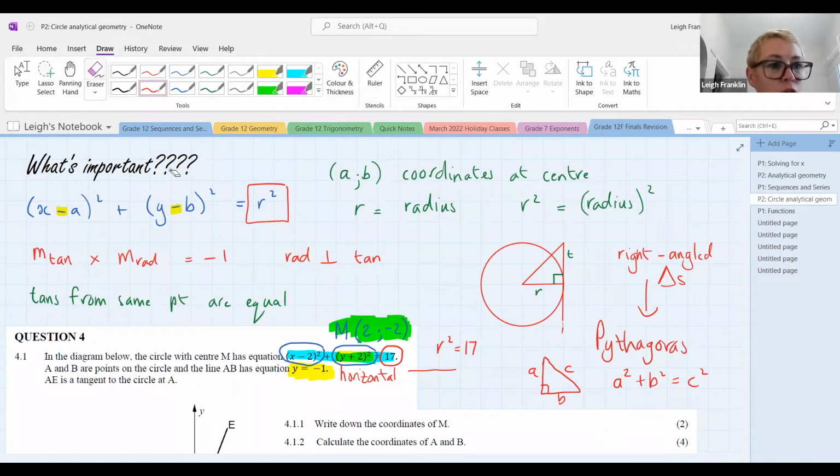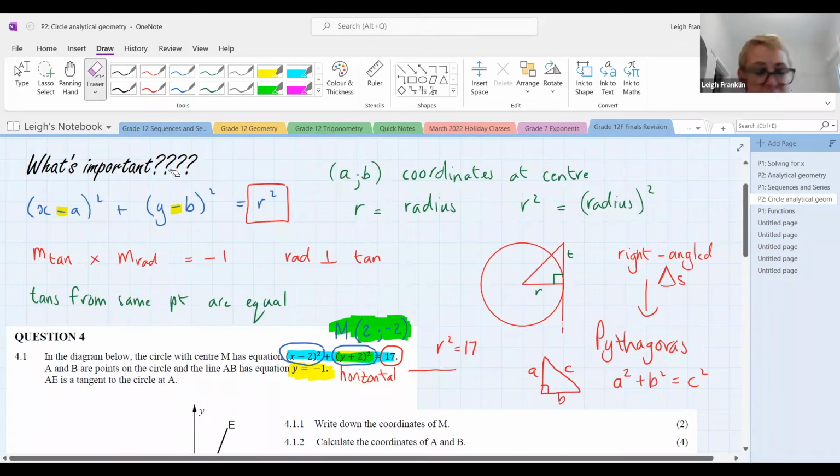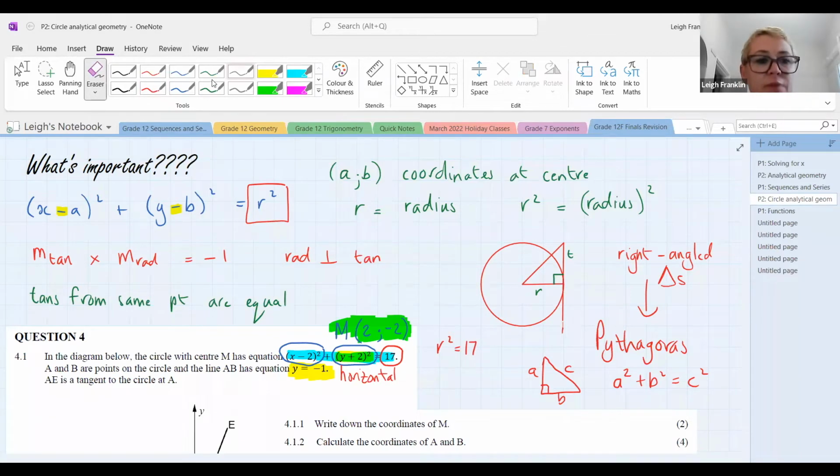So if they wanted to know the length of the radius, they may not ask us that, but if we did have to work out the length of the radius, what would we need to do to 17? We would have to take the square root, quite right. So remember that the number on the right-hand side is the radius squared when it is given to you in this form.